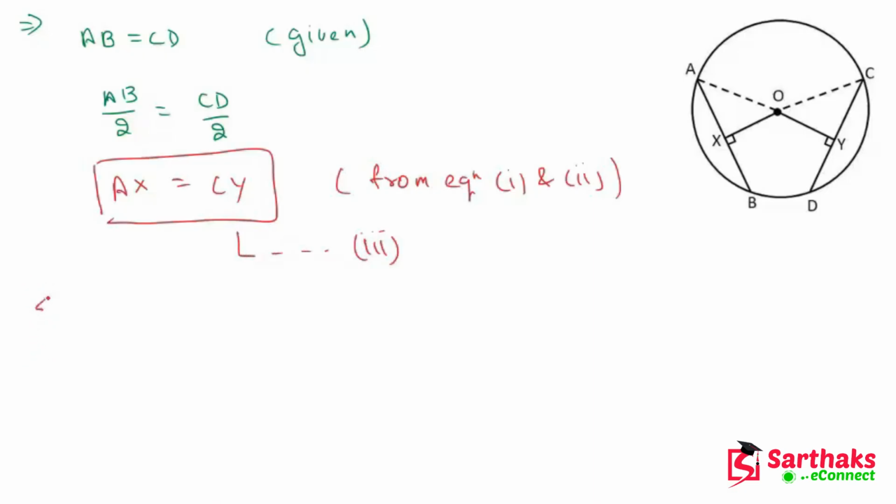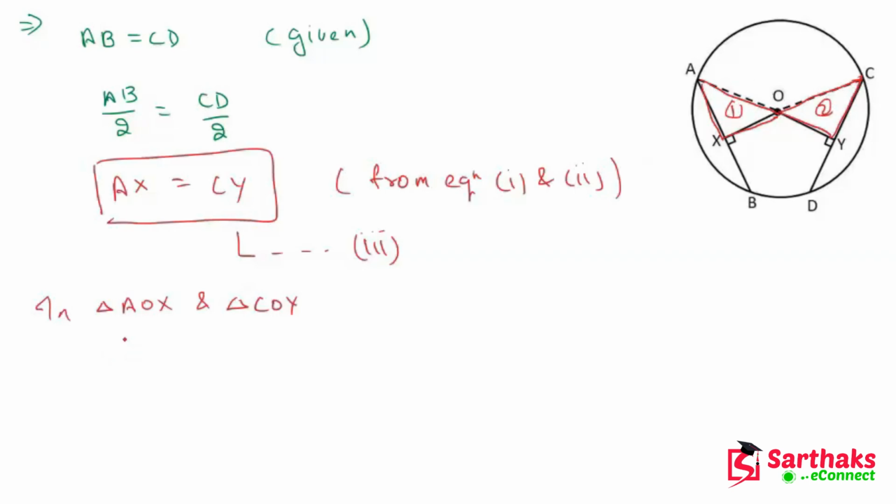Now in triangle AOX and triangle COY, if we join AO and OC, we get the first triangle and the second triangle.